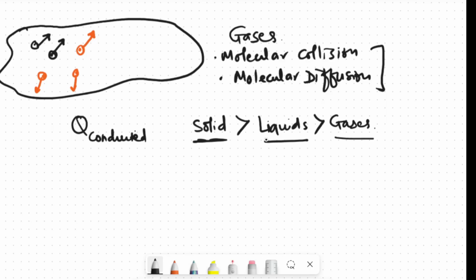Now, the rate of heat conducted, as I am talking about, can be found out. That is, Q conducted can be found out by Fourier's law of heat conduction.